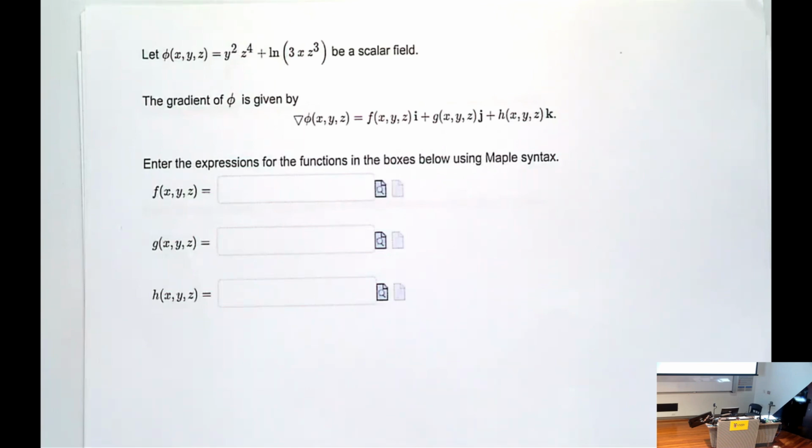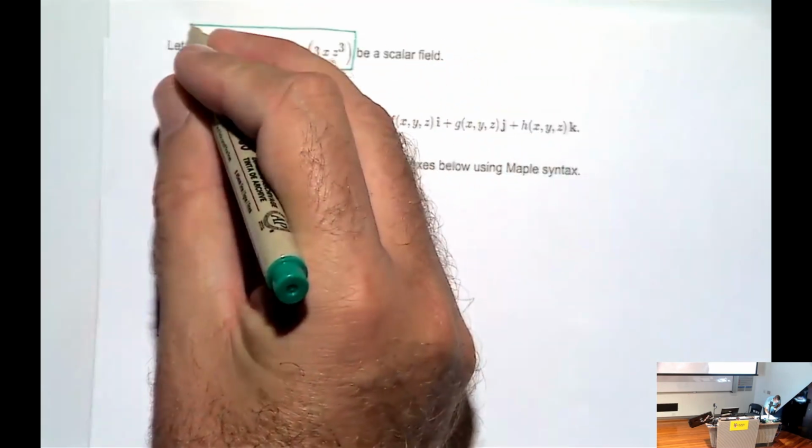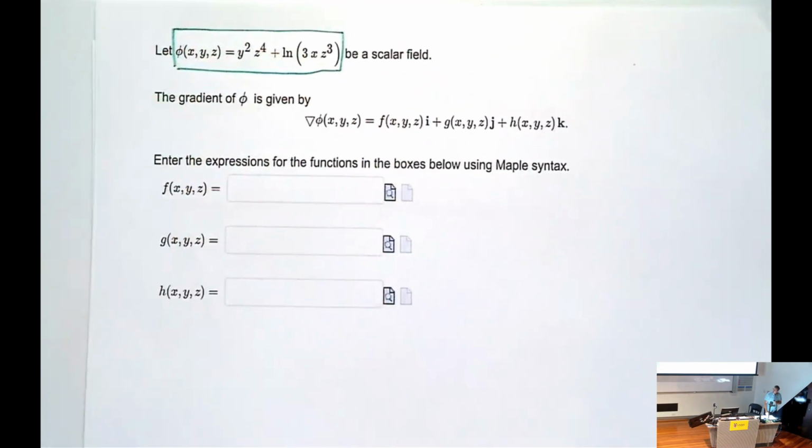You've got a function of 3 variables. Sometimes it's called a scalar field. You can call it whatever you like. It's not vector valued. It's a function of 3 things.